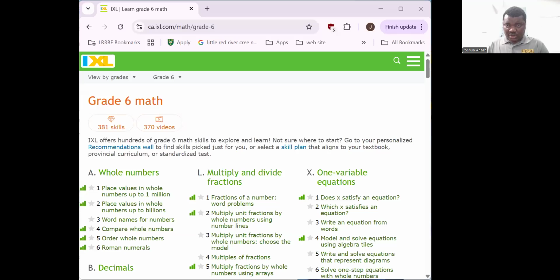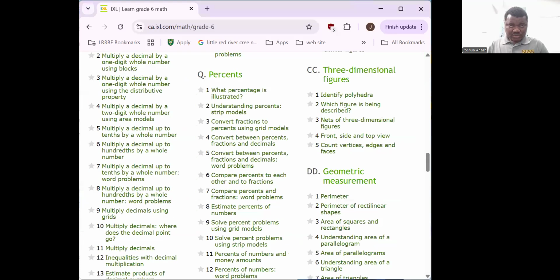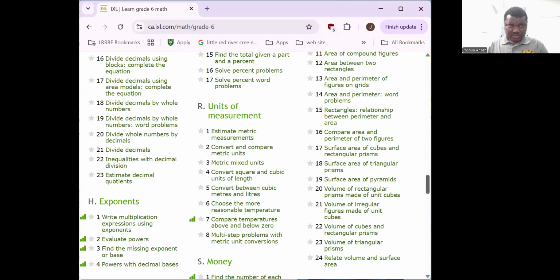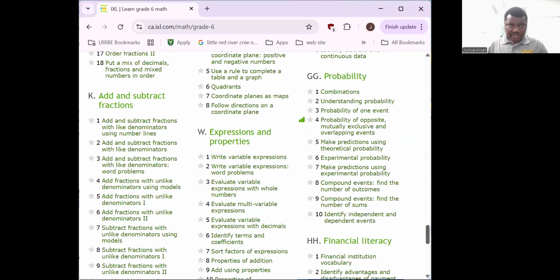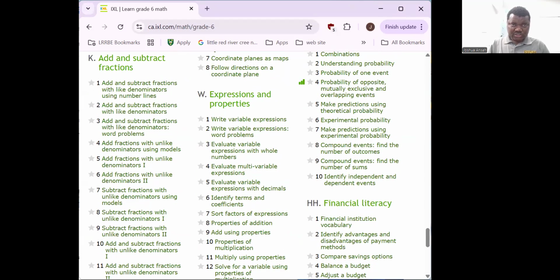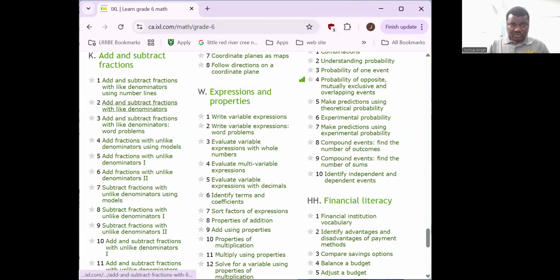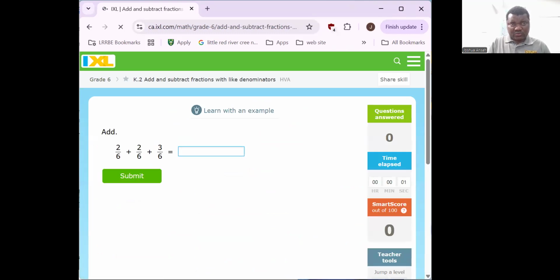So on your IXL, if you go to your class and then go to K, addition and subtraction of fractions, you can look at it over there.